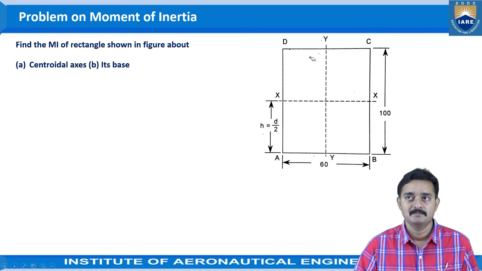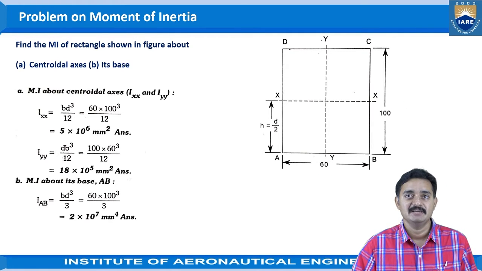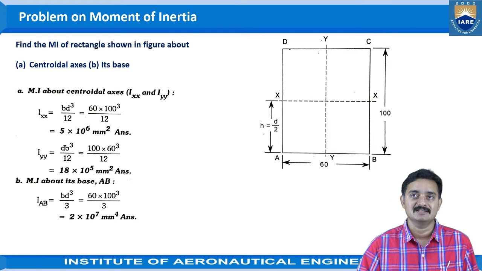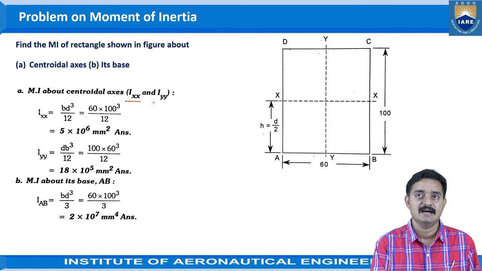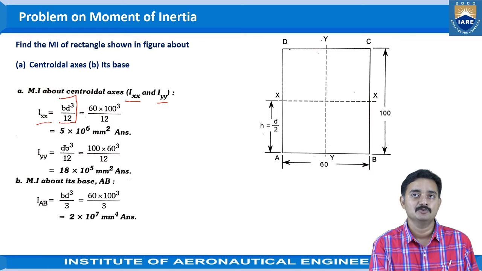So let us start the problem. The size of the rectangle that is given is a depth of 100 mm and a breadth of 60 mm. First let us identify the moment of inertia about the centroidal axis, that is Ixx or Iyy. As Ixx and Iyy are considered differently, the moment of inertia with respect to the x-x axis and with respect to the y-y axis are different. We have the formula for the moment of inertia with respect to the x-x axis as BD cubed by 12.